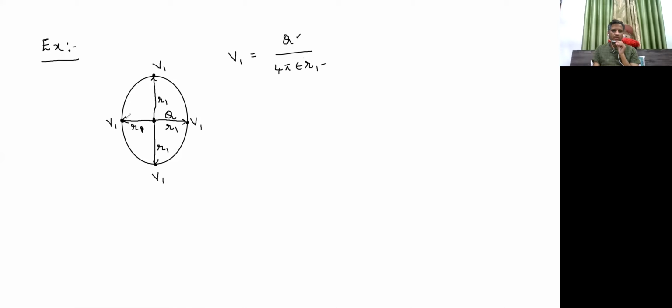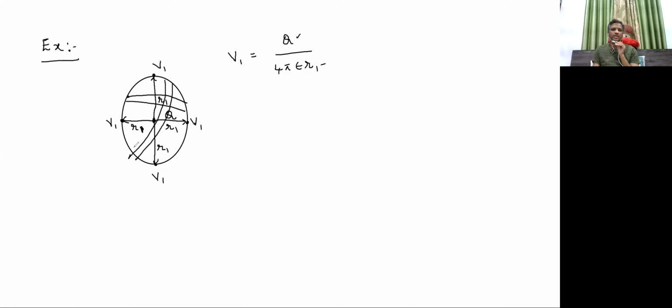It's not a circle, it's basically a sphere. So if you assume this is a three-dimensional thing, even if you take an R coming out of the board at a distance of r, at that particular point also you will be getting the same potential.